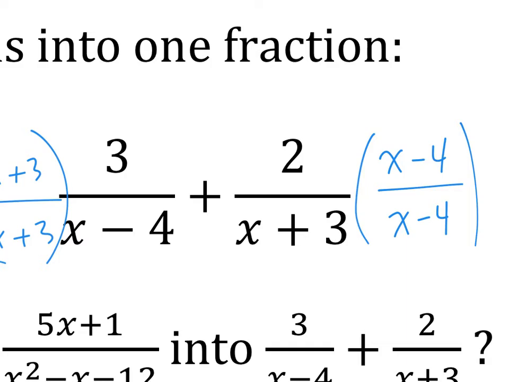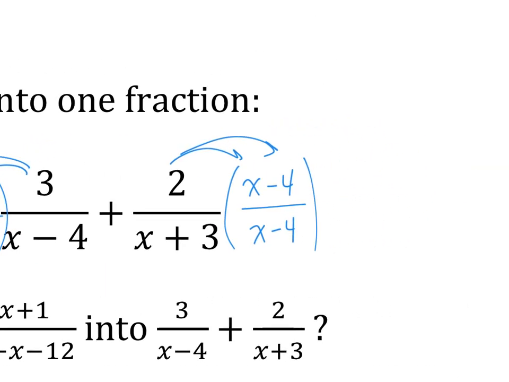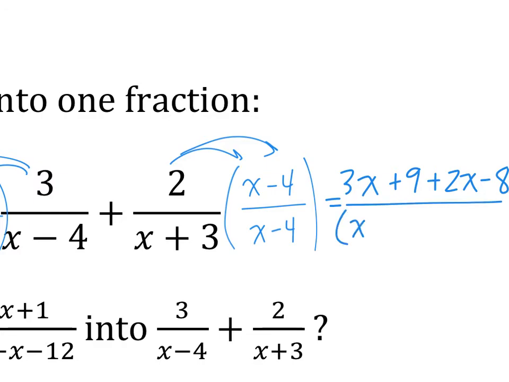Okay, we're going to do this really quickly. We're going to distribute and then combine the numerator into one big numerator. Since you guys are in pre-calc, let's just do that really fast. So 3x plus 9 plus 2x minus 8, that's the entire numerator, over a common denominator, x plus 3, x minus 4.